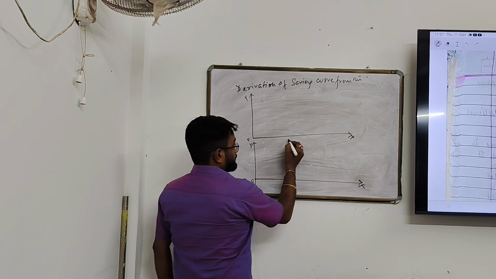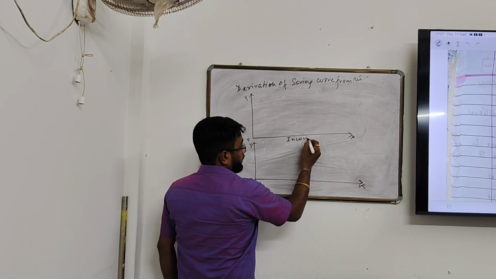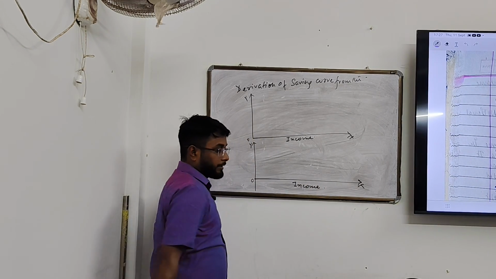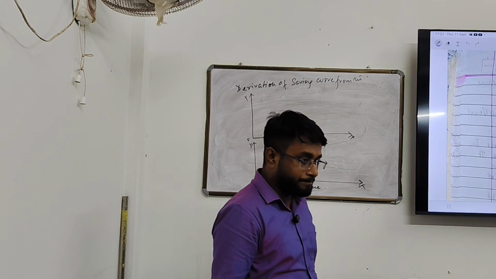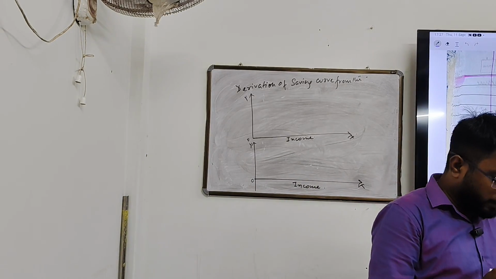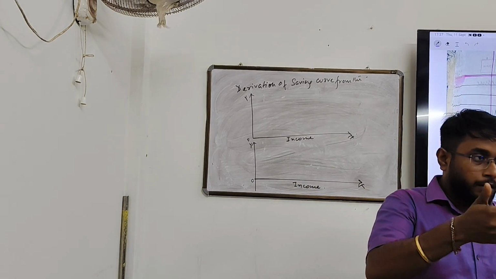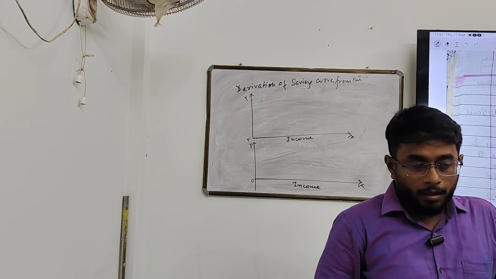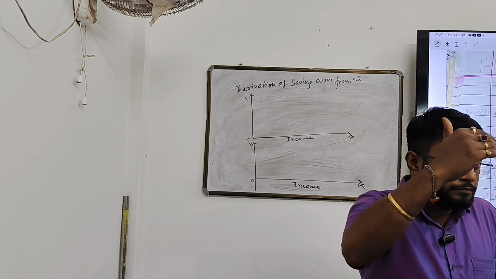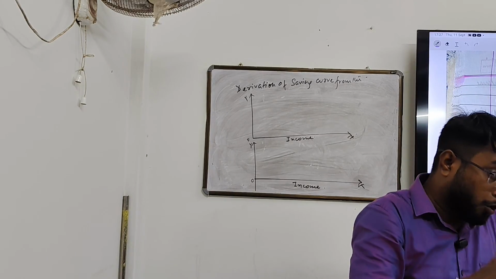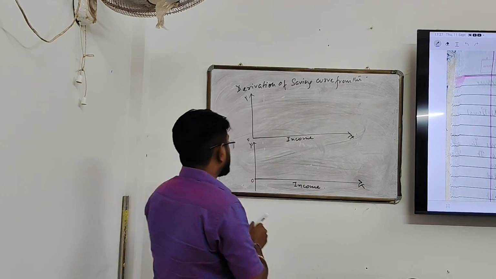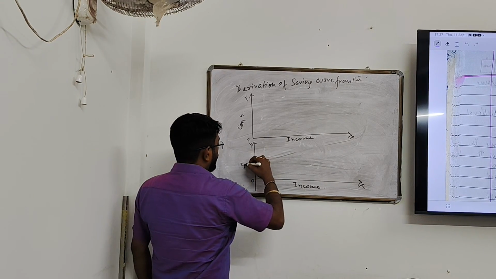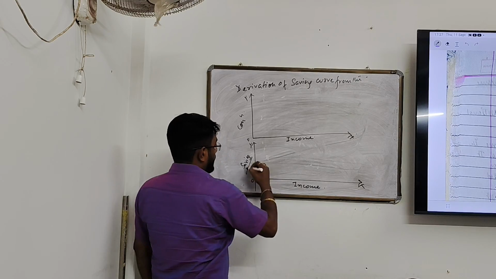Both panels' horizontal axis measure income. Clear? Now listen. The question is, derive the saving curve from the consumption curve. That is why in the upper panel we will draw the consumption curve, and in the lower panel we will draw the savings curve.